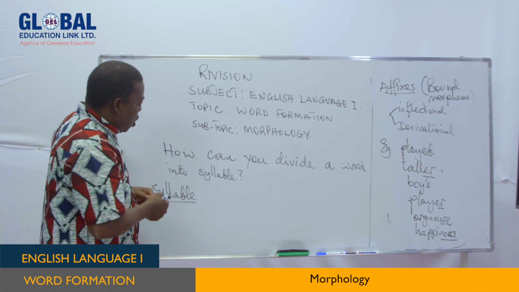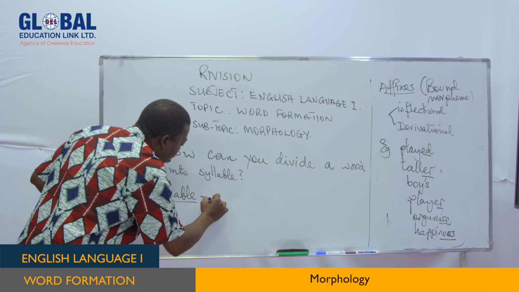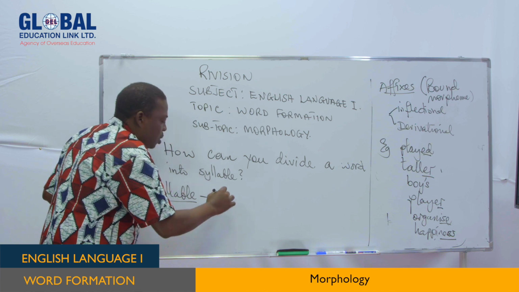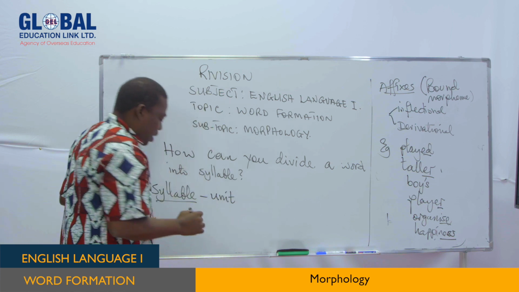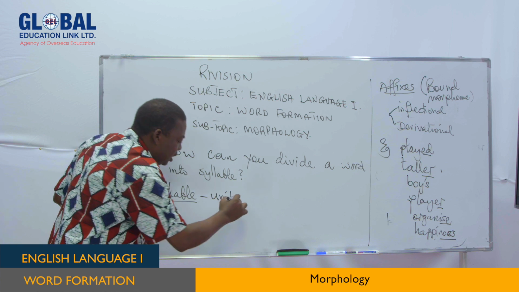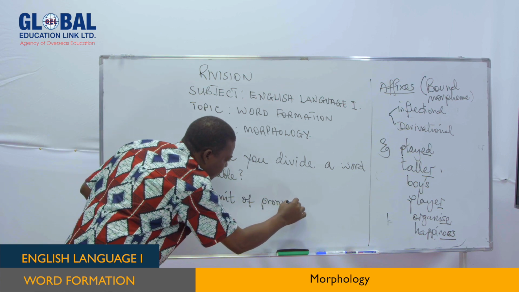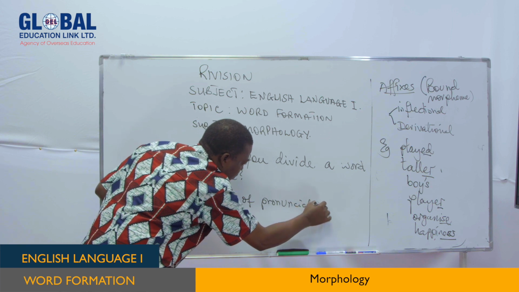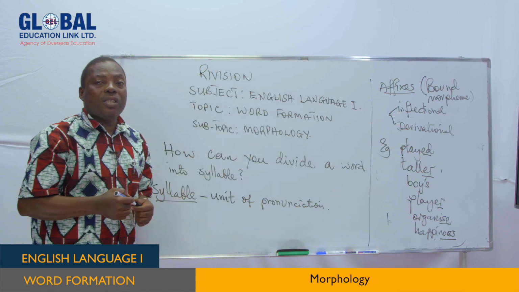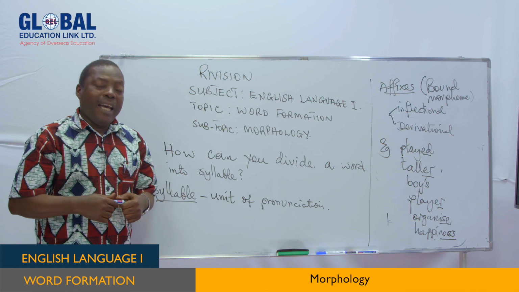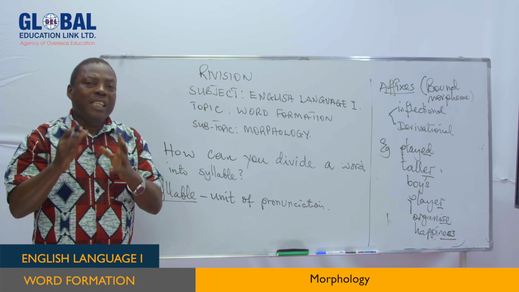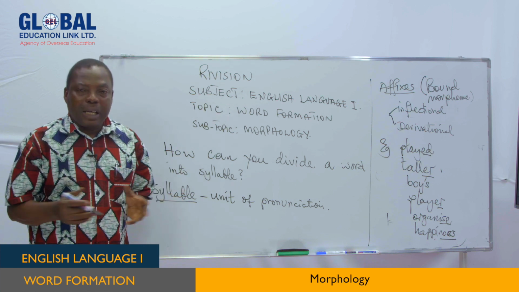Now, a syllable, whether written or spoken, in short, we call it a unit of pronunciation. It's a unit of pronunciation. And it is easy to recognize a syllable when we speak.